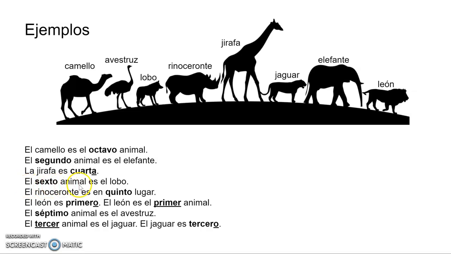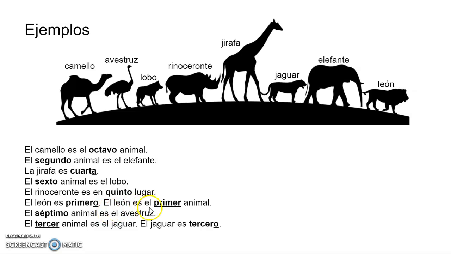El sexto animal es el lobo. El rinoceronte es en quinto lugar. Or here, you might, if you wanted to use that as the location, you could say está en quinto lugar, but here I said es, so we could identify which one is the rhinoceros, rinoceronte. El león es primero.